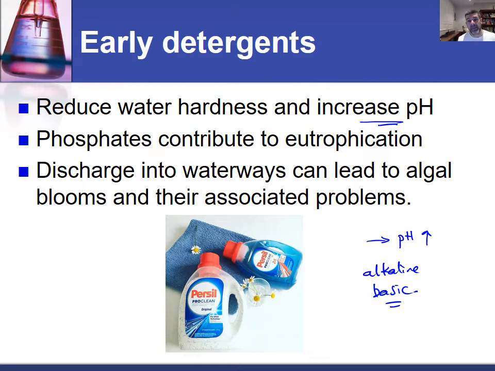Some of these stabilizers, some of these phosphates, were components targeted to decrease water hardness and increase pH. As I suggested, this had some fairly significant consequences: the increase in phosphate levels led to eutrophication and associated problems with things like algal blooms.